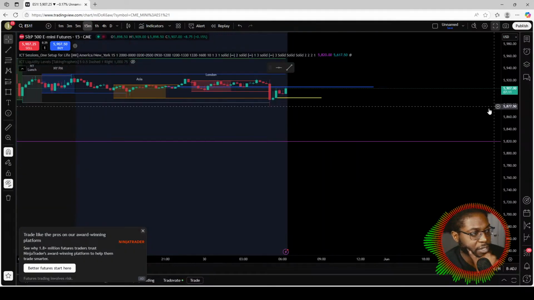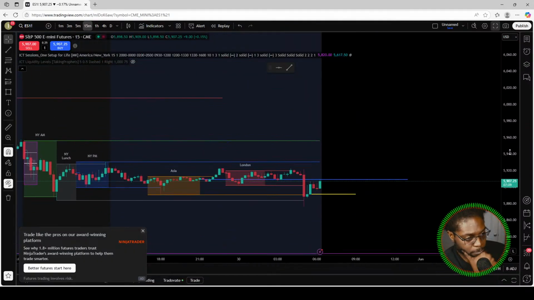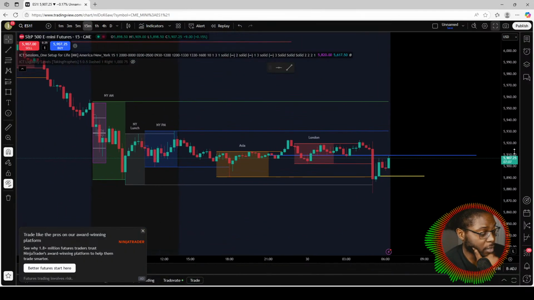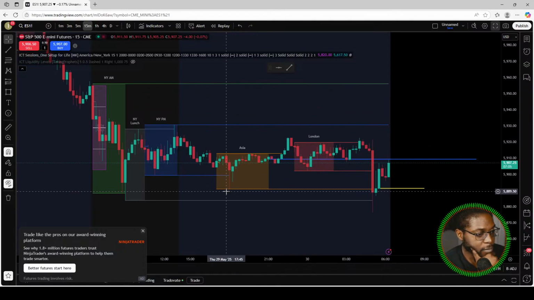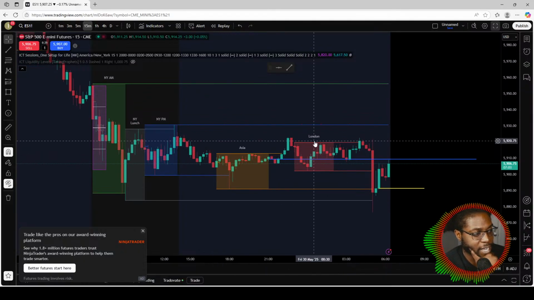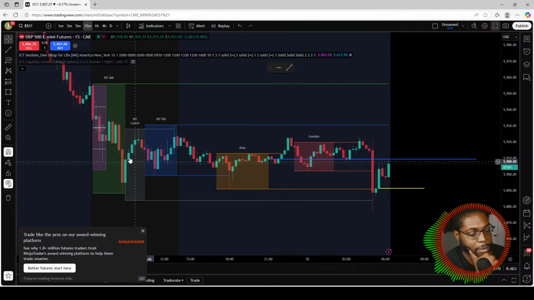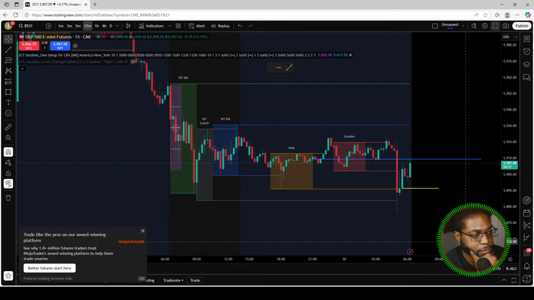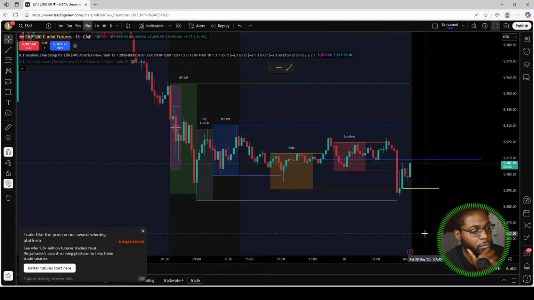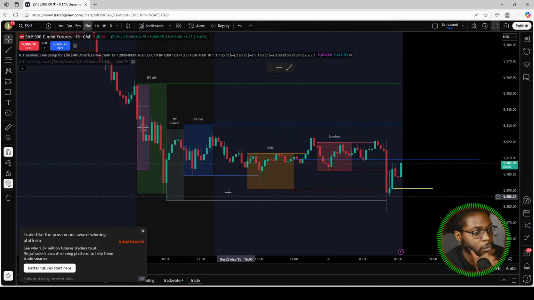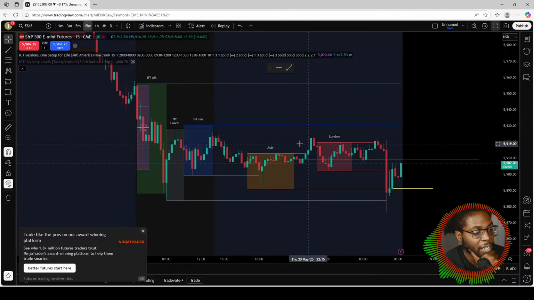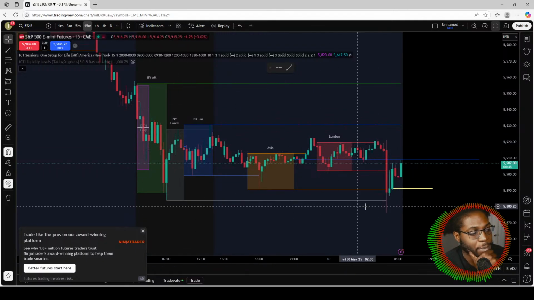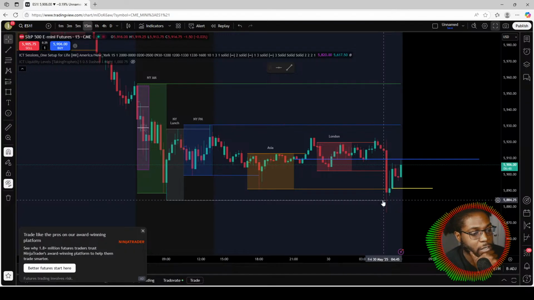But the whole point of it is, when y'all see me have the Asian low, Asia high, London low, all of that is already mapped out with this. So you can see when looking at it this way, all the liquidity has been swept down on this sell side.